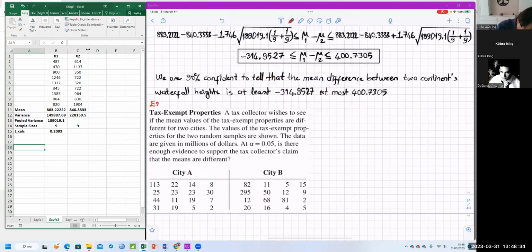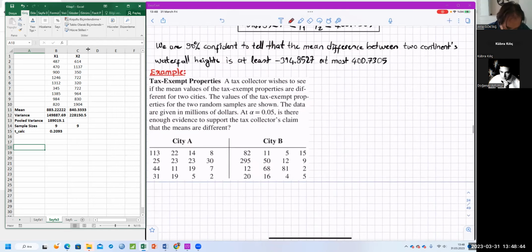Okay, let's write the solution, start the solution from there.